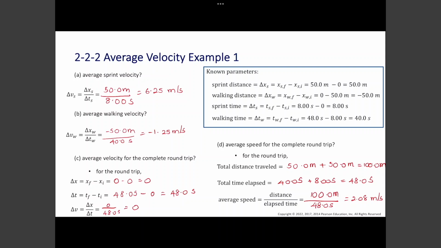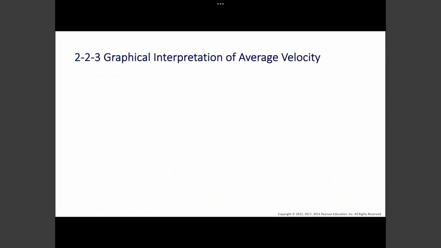Again, the distance has 4 significant figures, time has only 3 significant figures. Because of that, the answer should have the least number of significant figures, which is 3. Because of that, the answer is 2.08 meters per second. So let's move to the next part.